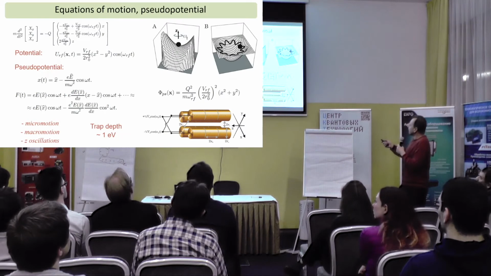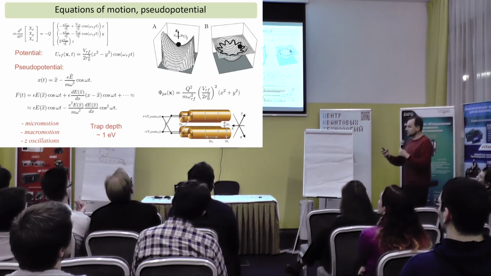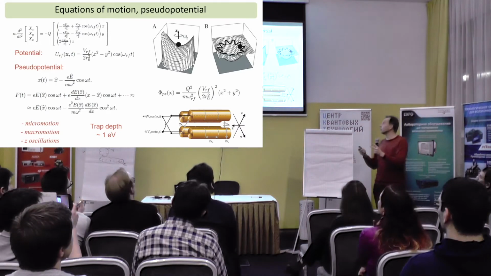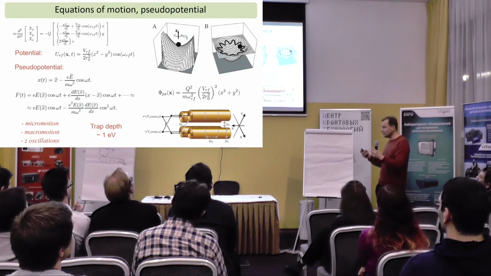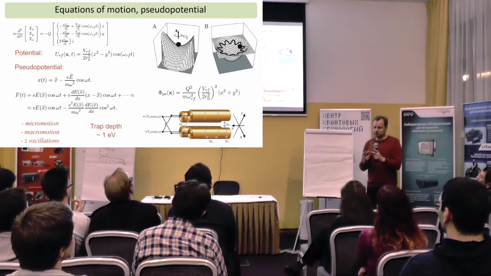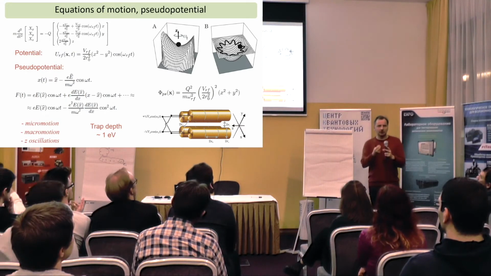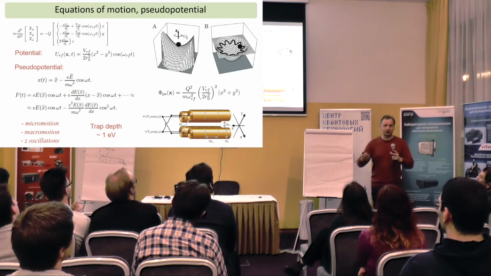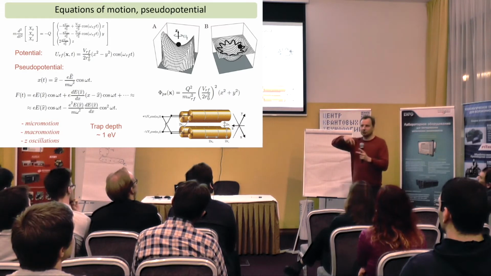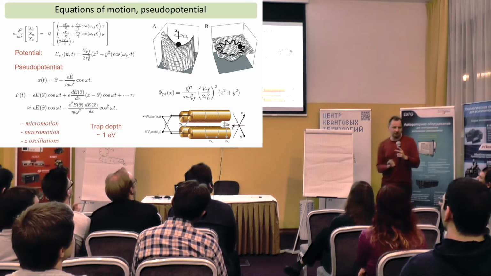Generally, you end up with a situation that the ion is in some saddle potential. So it's a saddle potential which rotates around the z-axis, and from the first point of view, of course, there is no way to trap it, because if you have a real saddle for a horse, you put a tennis ball in the saddle and you start to rotate the saddle, you will not trap the ball, so it will not work.